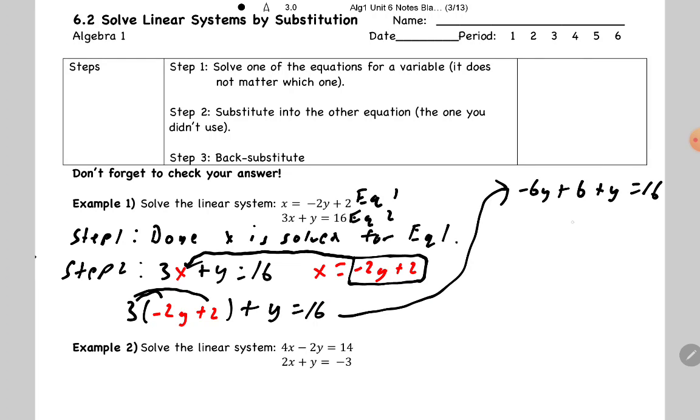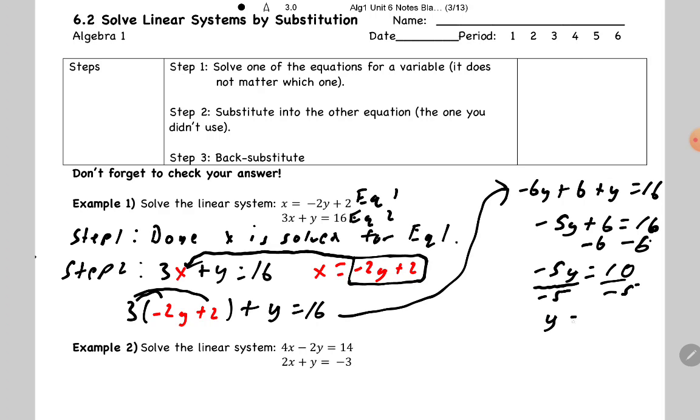Combine our like terms: negative 6y plus y is negative 5y, plus 6 equals 16. I'm going to subtract 6 from both sides and get negative 5y equals 10. Finally, divide by negative 5 and get y equals negative 2. I found out what y is.